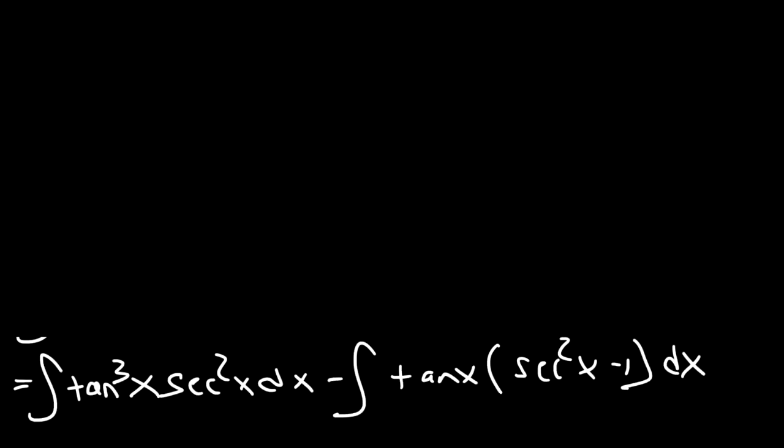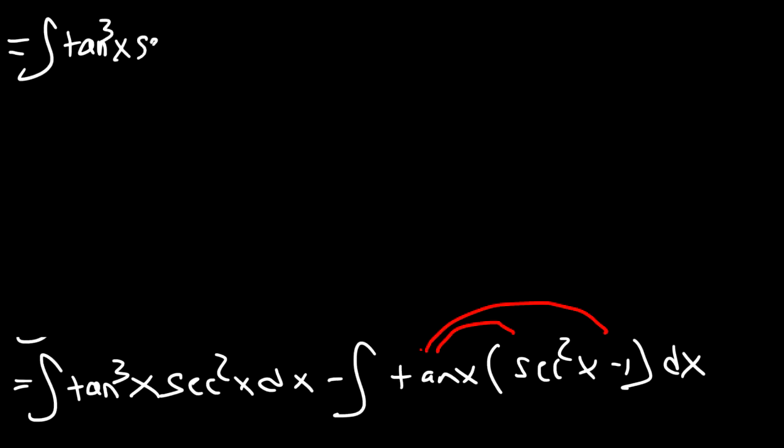Now we're going to distribute tangent to secant squared and negative 1 and break that into two more integrals. So the first integral is going to be the same, and then the second integral is going to be tangent secant squared with a negative sign in front.